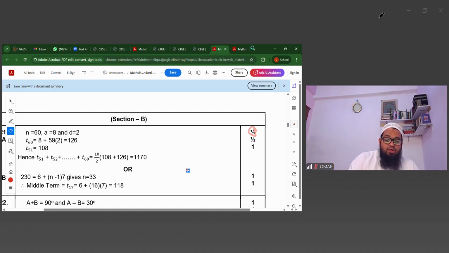After that, you have to write what the 60th term is. The 60th term is equal to a plus n minus 1 into d, which is equal to 126. You have to find this, so you will get one more half mark. After that, you have to find the sum of the last 10 terms, so you will get 1 mark.